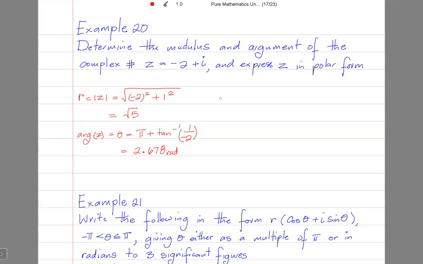So the complex number z, which is -2 plus i, can be written as the square root of 5 into the cosine of 2.678 plus i sine 2.678. All right, example 21 next, guys.